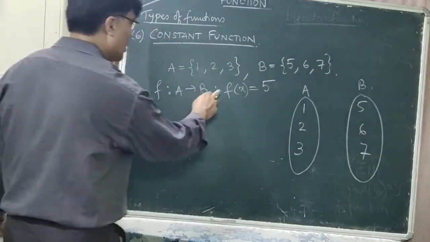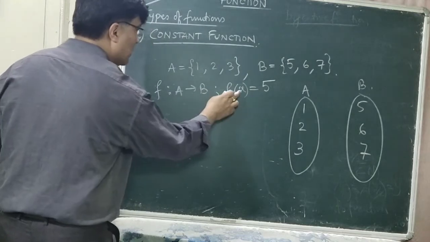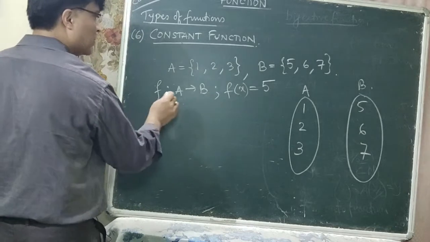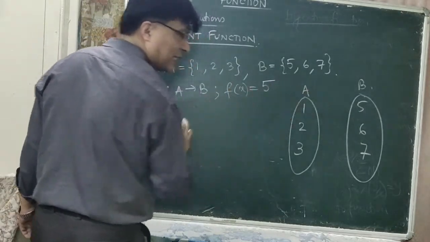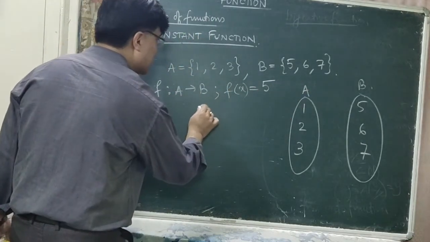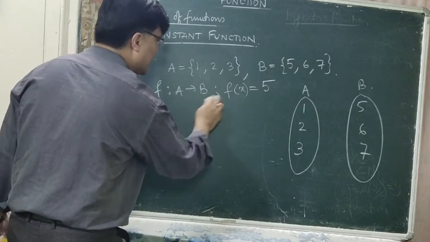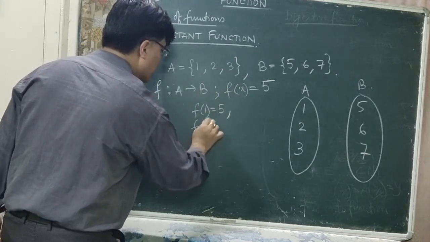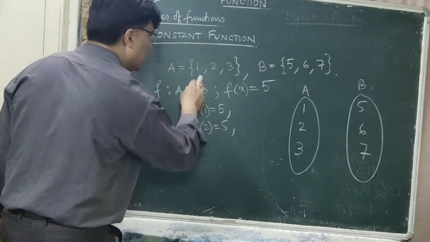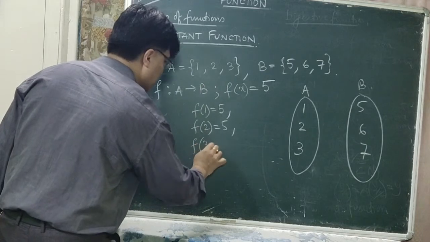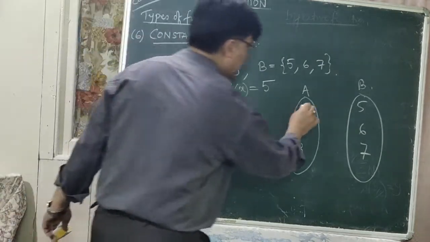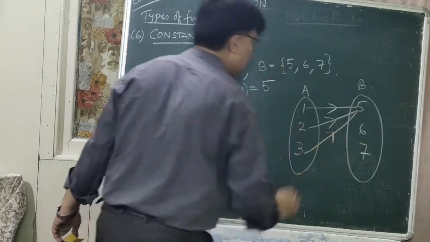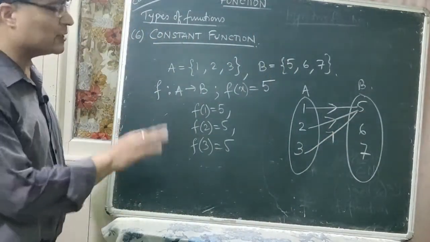Now if we put f of 1, it is 5. Here x belongs to set A, and f of x belongs to set B. What is the value of f of 2? That is also 5. And f of 3? That is also 5. That is, 1 is related with 5, 2 is related with 5, 3 is also related with 5. 6 and 7 are left out.